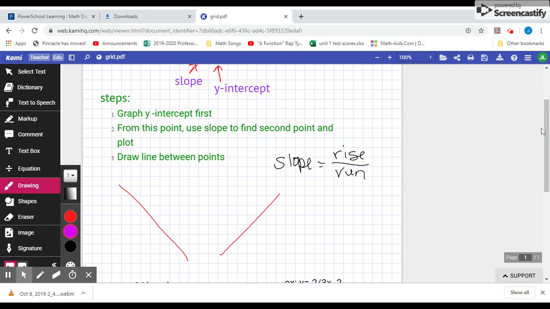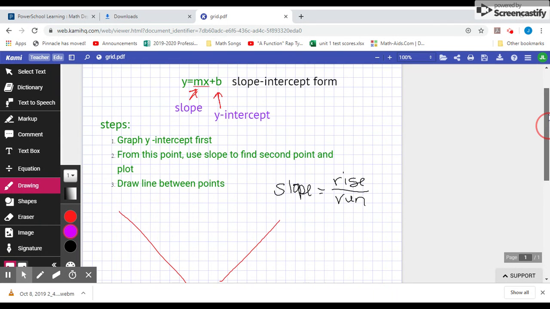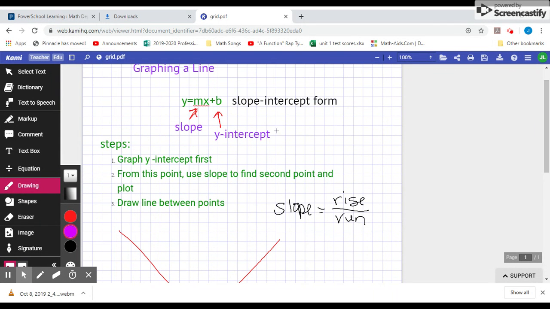I wrote out some steps. Our very first step is to graph that b value, or our y-intercept, onto our graph first, because once we have that, we know where it crosses the y-axis. Once we have that, we can use our slope, which is step 2, to figure out what the line is going to look like and plot a second point.